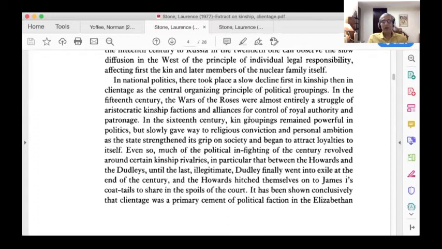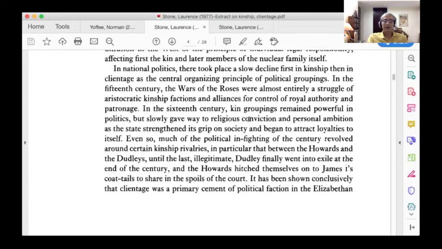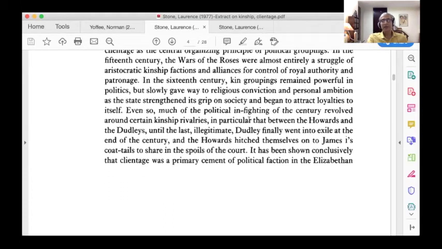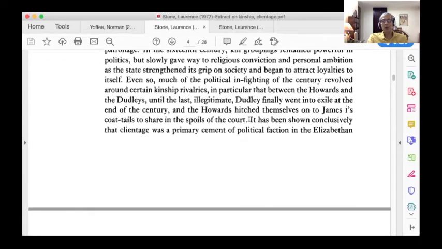Even so, much of the political infighting of the century revolved around certain kinship rivalries, in particular between the Howards and the Dudleys, until the last illegitimate Dudley finally went into exile at the end of the century. The Howards hitched themselves onto King James I's coattails to share in the spoils of the court.